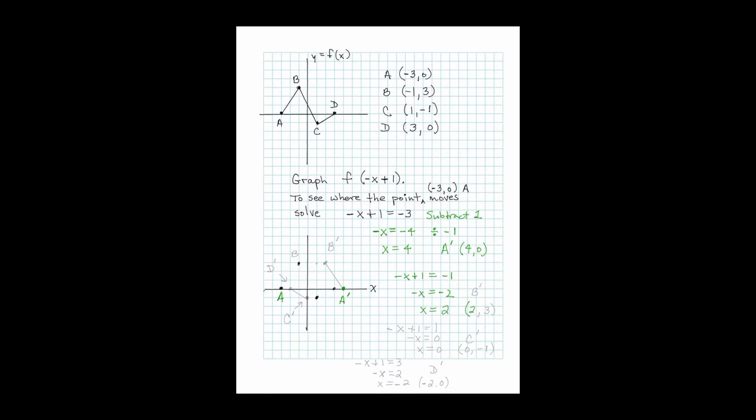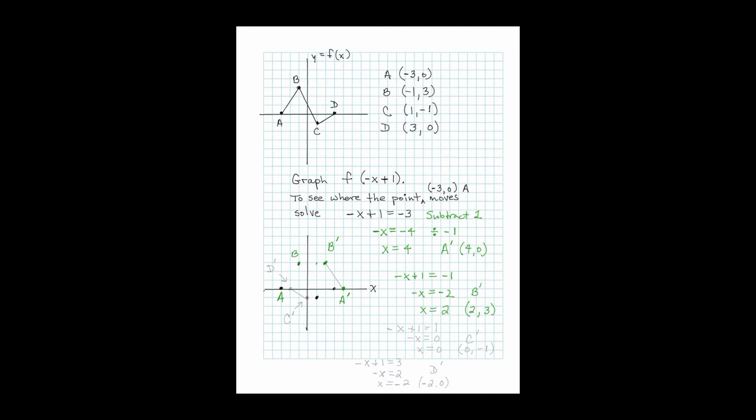And so that point, which we'll call B prime, is the point 2, 3, because we didn't do anything to make the y value change. So if you reflect B across the y-axis, you would be at the point 1, 3, but then we also moved right by 1.